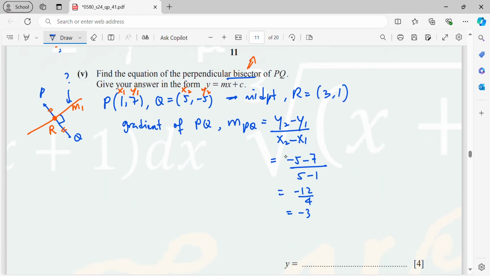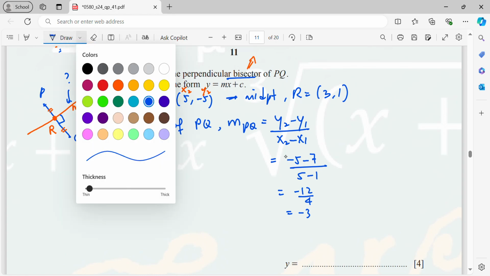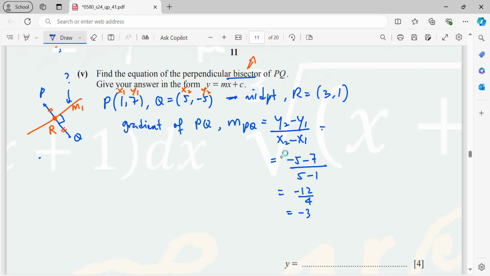So now I need to find the equation of the perpendicular bisector. Probably this one I write horizontally because of not enough space. So here I write negative 5, negative 7 over 5 minus 1. I just rewrite so I can save the space.